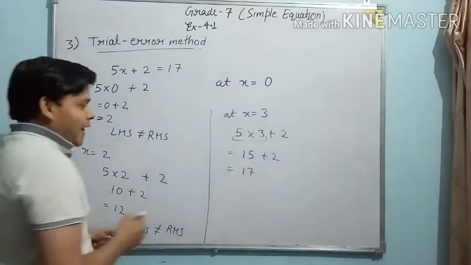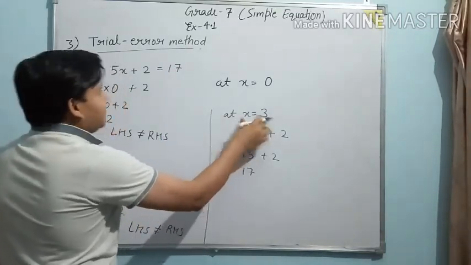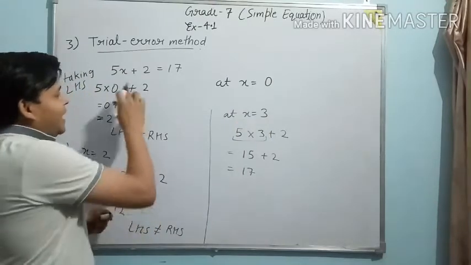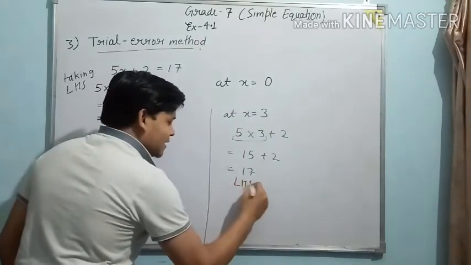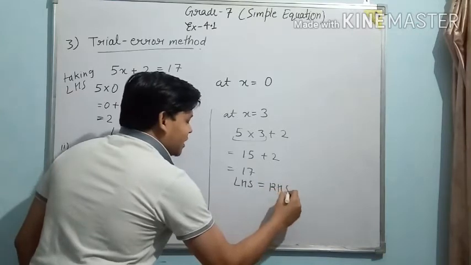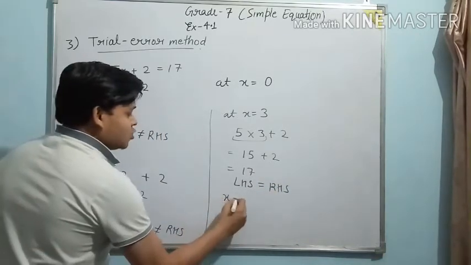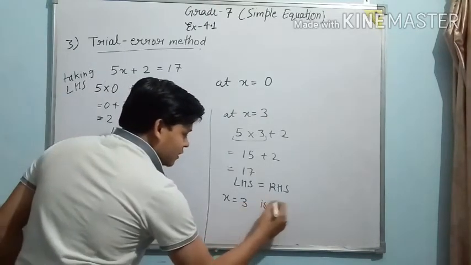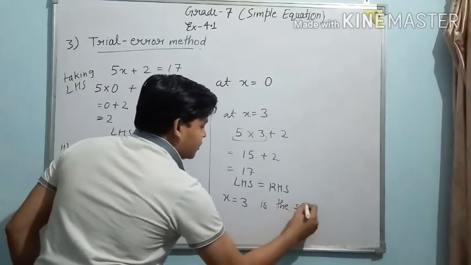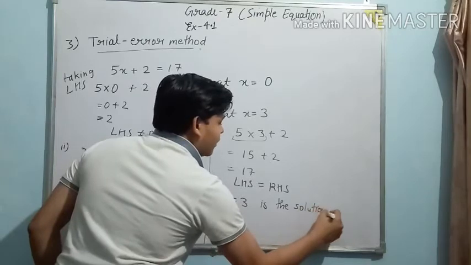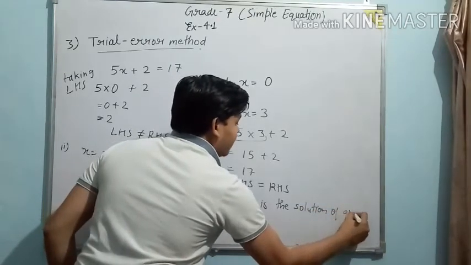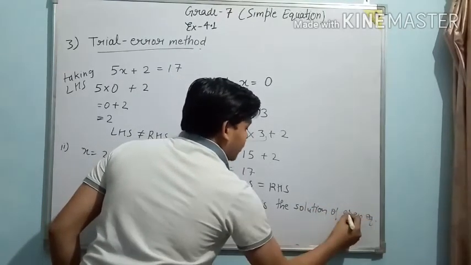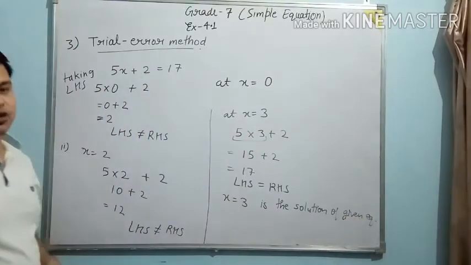So at x is equal to 3 we have observed that LHS is equal to RHS. That means x is equal to 3 is the solution of the given equation. I hope you all have understood this.